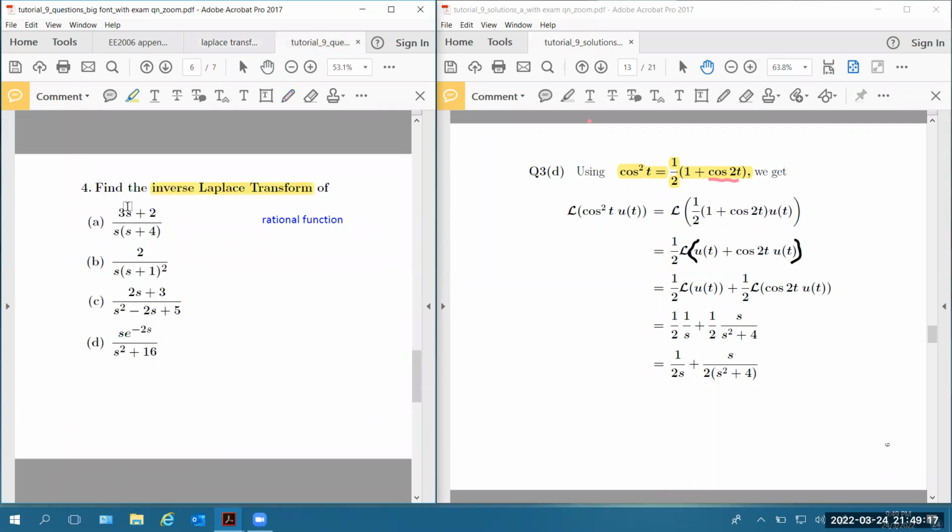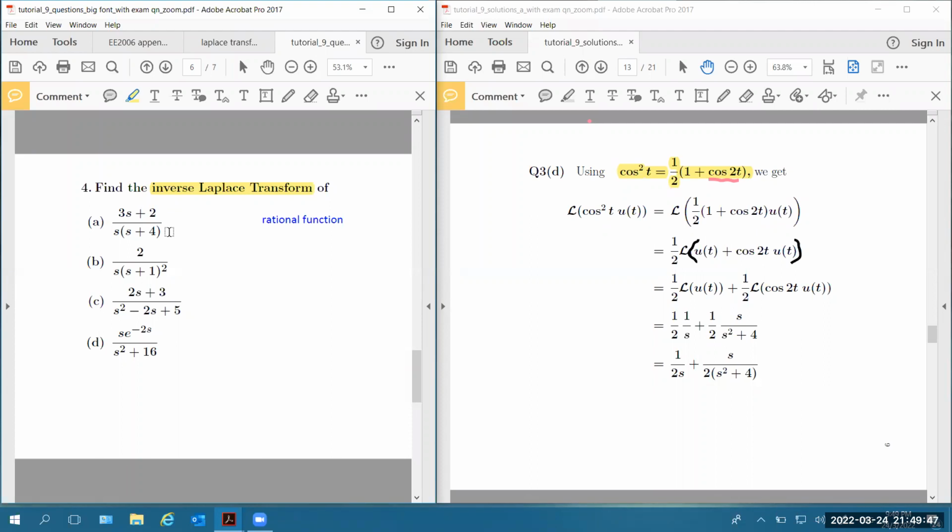Let's look at part A. Is it a proper fraction? Is the numerator's degree less than the denominator's degree? The numerator's degree is 1, the denominator's is 2. So it is a proper fraction.